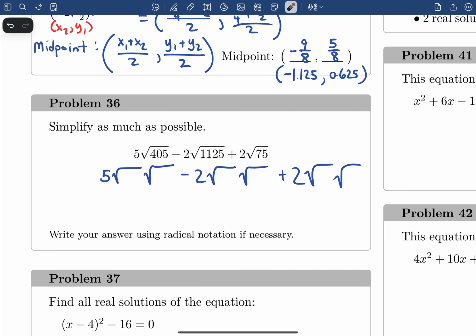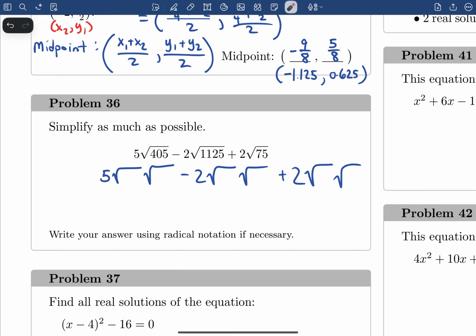So I'm rewriting all of this stuff. When I see a single radical, I'm going to write 2 radicals. Okay, same thing here, same thing here. Now, when I look at each one of these, I want to find a perfect square and the leftovers, okay, that multiply to make this number. Like 405, it is a multiple of a perfect square. And my goal is to find what it is a multiple of.